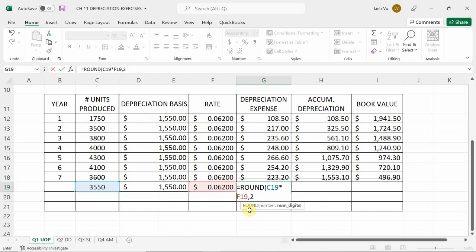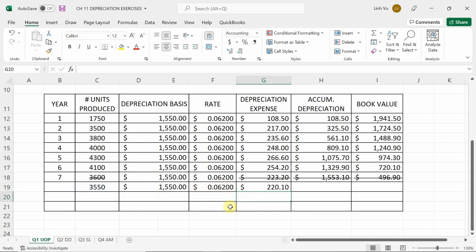I got 2,201. Okay. And what is the previous year?